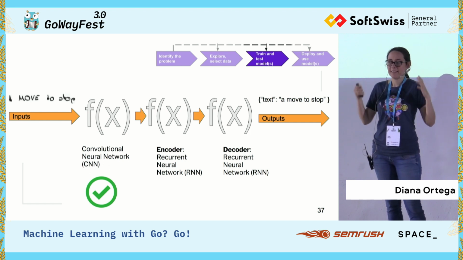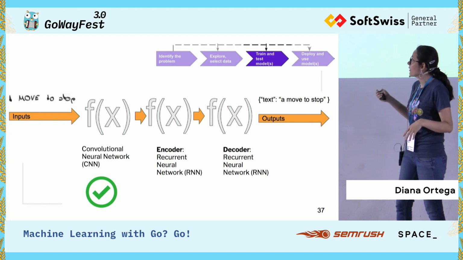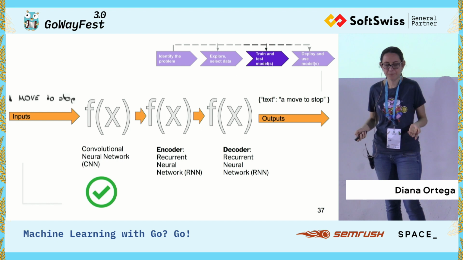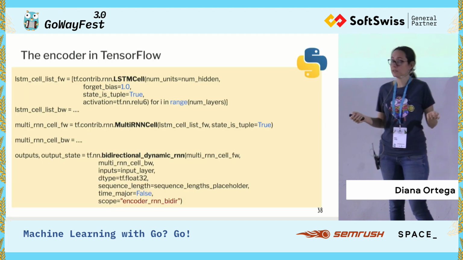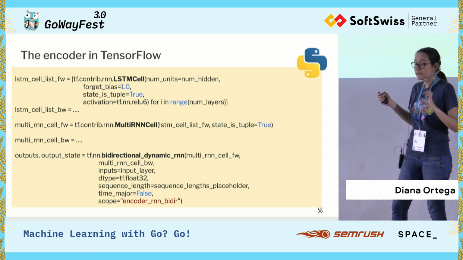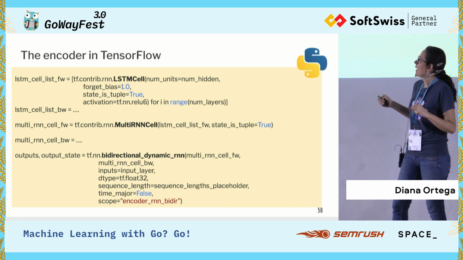But the output of my CNN is the input for my encoder. So let's try to create the encoder. When I did it in TensorFlow, I had to create a cell that is a subfunction that is going to pass to the neural network.